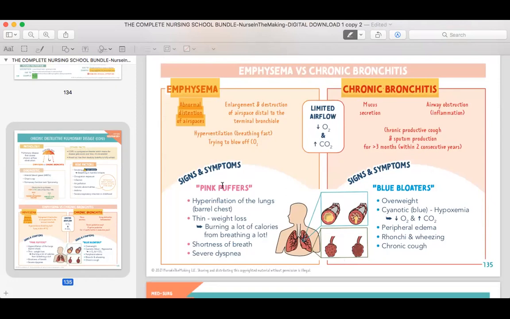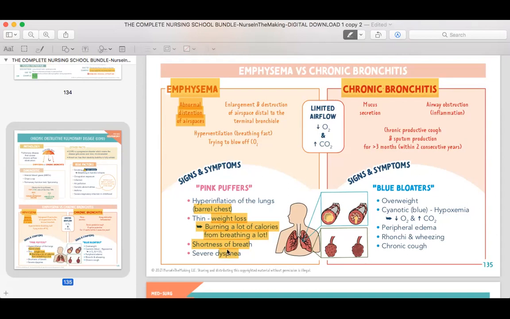Simple Nursing explains it a little better there. But what I need you guys to know is that for emphysema, you get a barrel chest that shows on ATI. You have weight loss because you're breathing a lot, so you're burning those calories. You have shortness of breath, obviously, COPD, breathing problem, and severe, you have dyspnea, which is the same thing, shortness of breath.